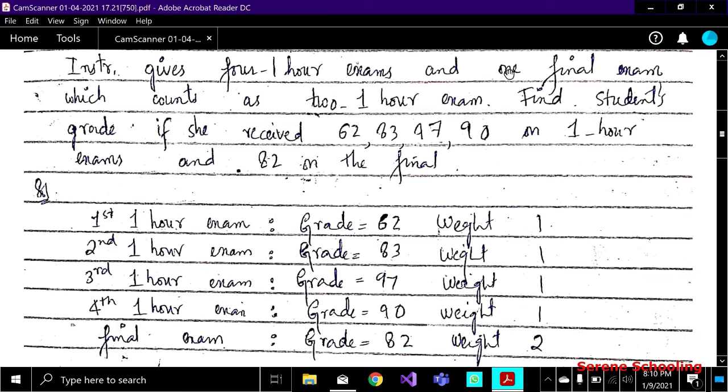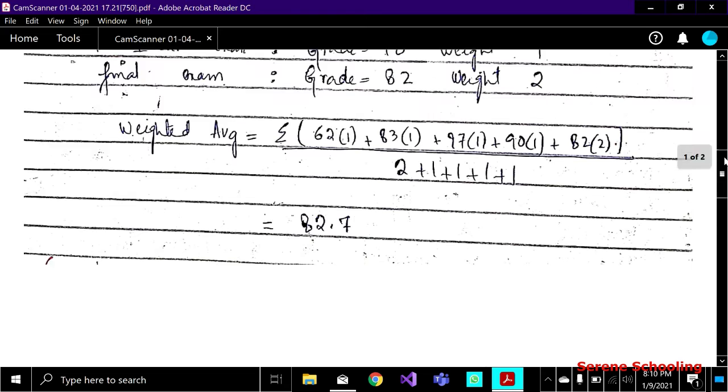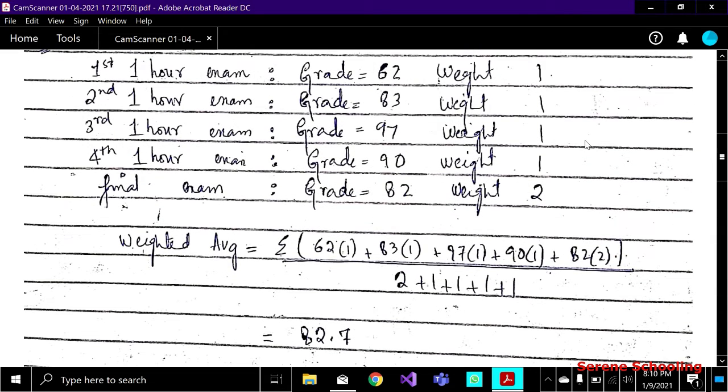means that although it is only one final exam, its weightage is 2. That one final exam has the weightage of two 1-hour exams, so its weight is 2. You can see over here what I have written: the weight of the final exam is 2.